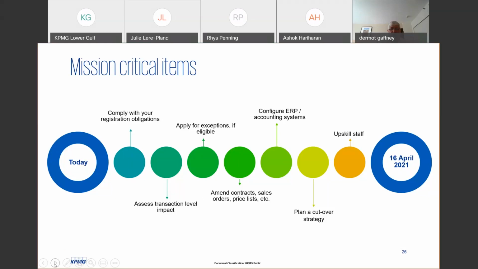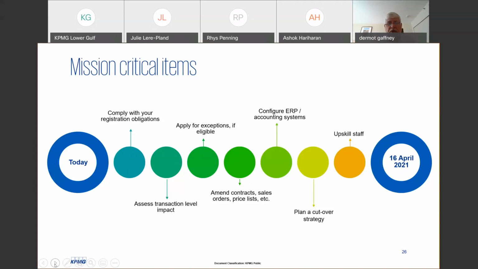You can heighten the awareness for your staff of VAT issues, because remember, your staff are going to be your frontline interface with both your vendors and with your customers. And they need to have some knowledge, because you're likely to get questions from both as to VAT and how it's treated.